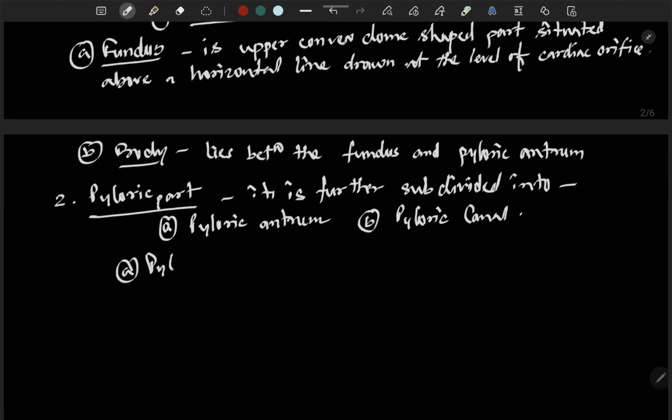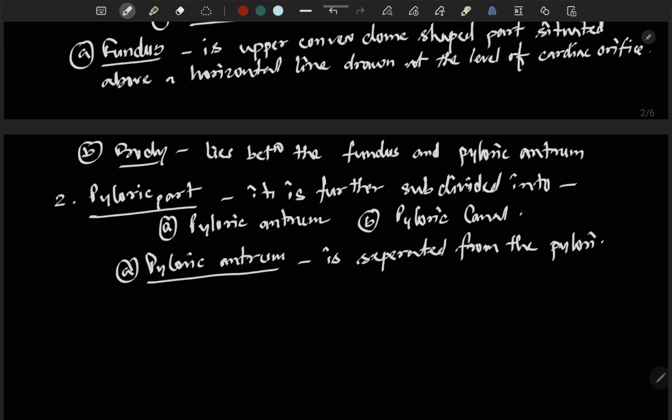Now, pyloric antrum is separated from the pyloric canal by an inconstant sulcus.